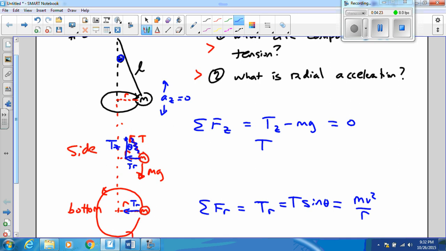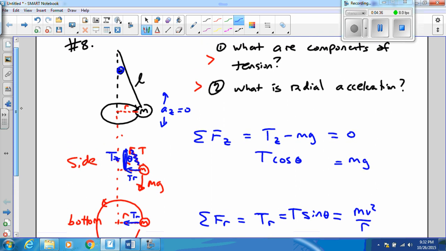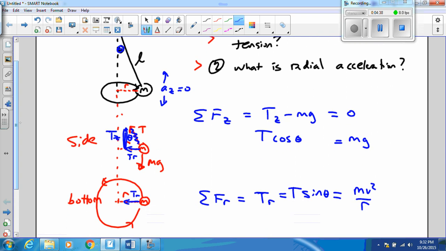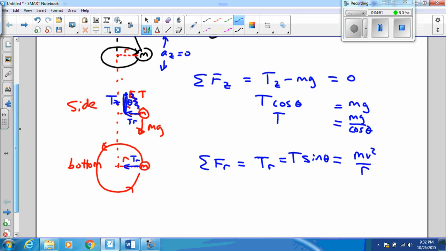Meanwhile, TZ is adjacent to theta, so TZ is T cosine theta, and therefore it must be equal to mg. Well, this answers our first question. What are the components of the tension? The tension itself is equal to mg divided by the cosine of the angle theta.